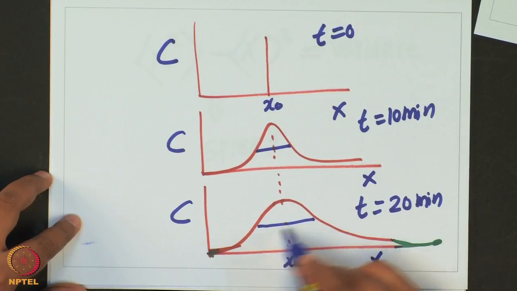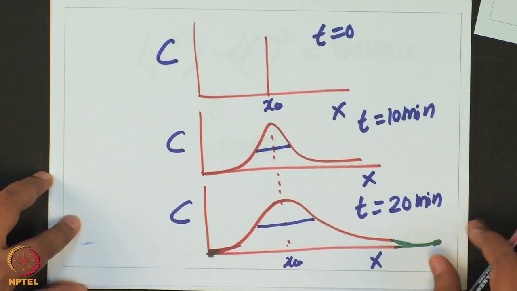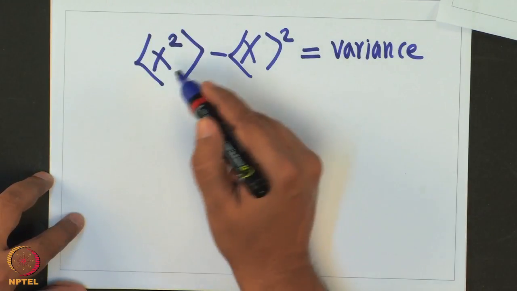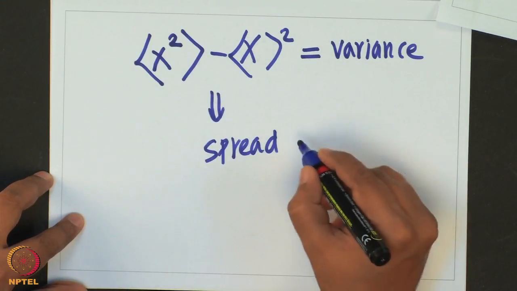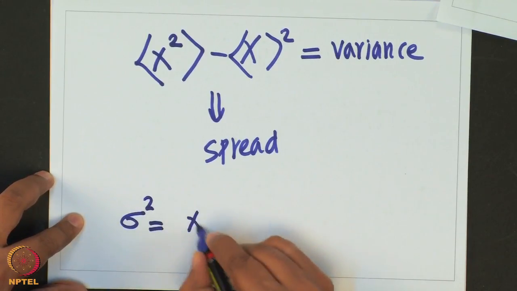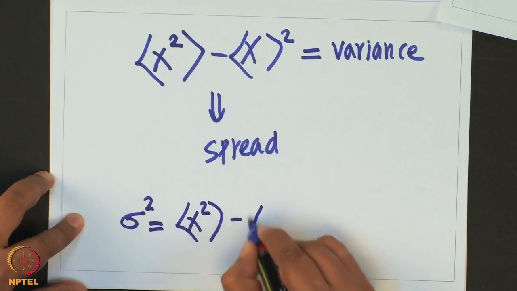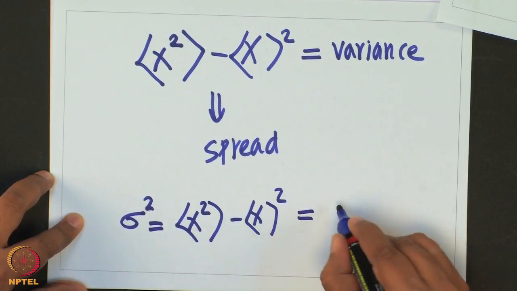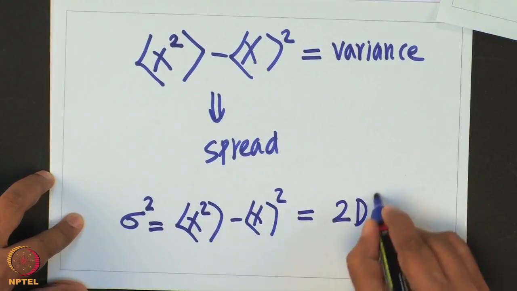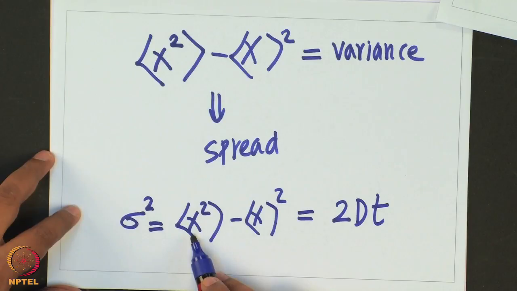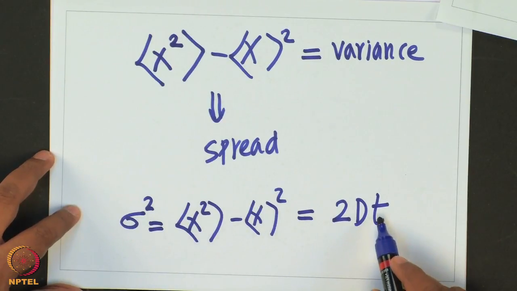The width of this distribution is essentially given by this quantity, which let me call sigma square, which is x square average minus x average square, and it turns out that in one dimension this is equal to 2Dt.